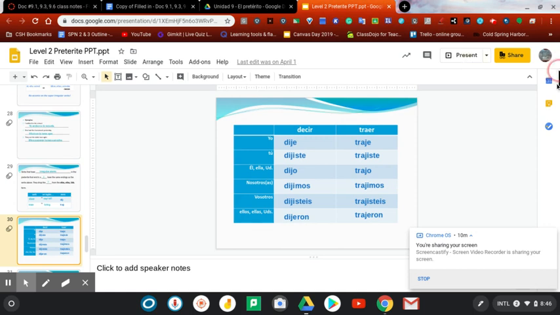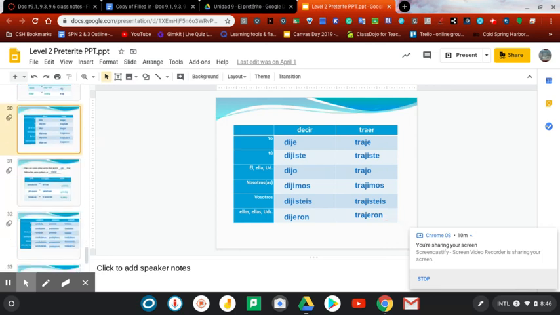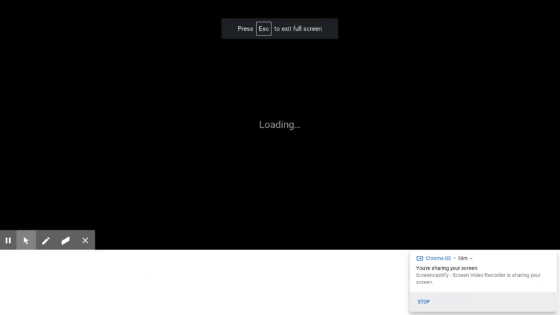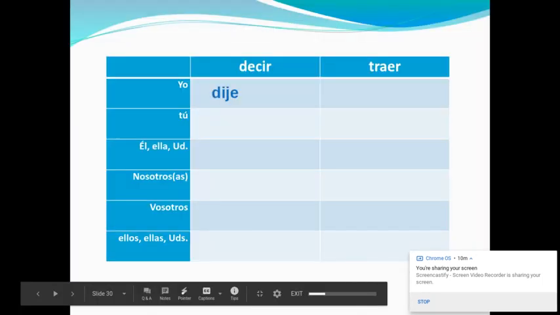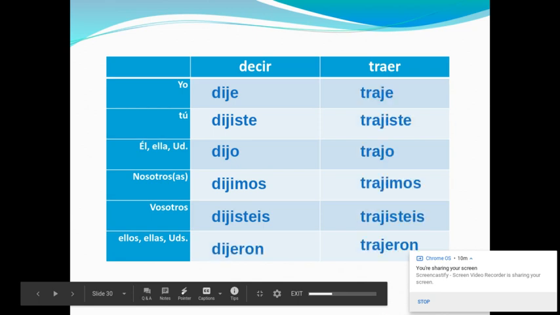However, in the ellos, ellas, and ustedes forms, instead of ieron, I-E-R-O-N, it's just E-R-O-N. So that's an important thing to remember.